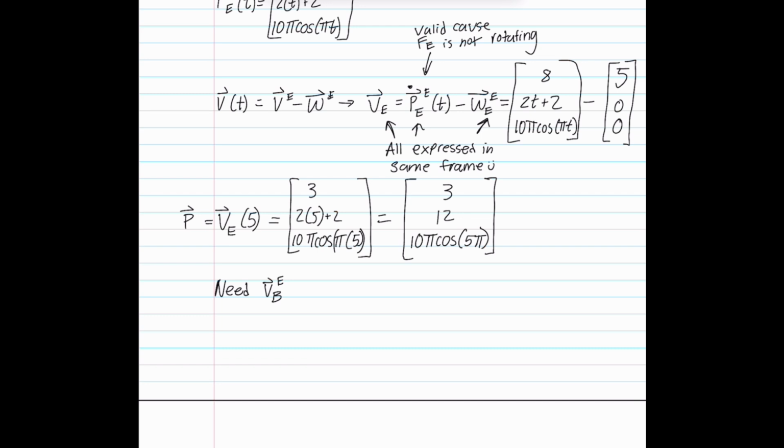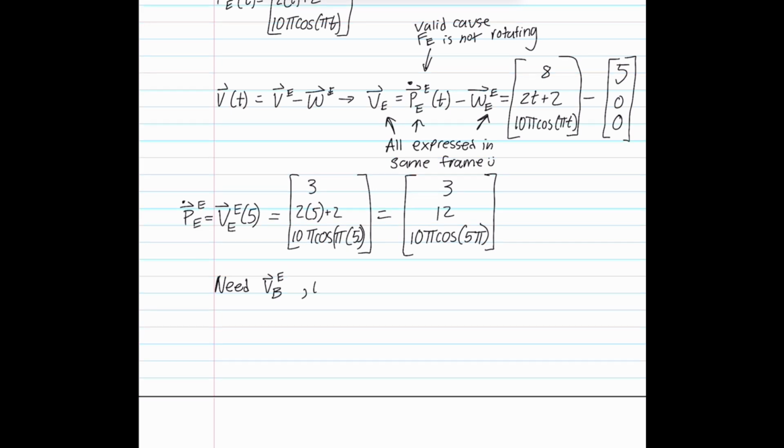That's what they're asking for. So we need to rotate the velocity expressed in the inertial frame that we just found. We need to multiply it by this rotation matrix, so we're going from the inertial frame to the body frame. Our new velocity vector in this new frame is equal to the rotation matrix from our old frame to our new frame multiplied by our velocity vector.